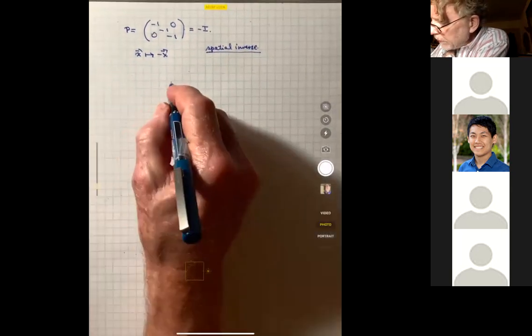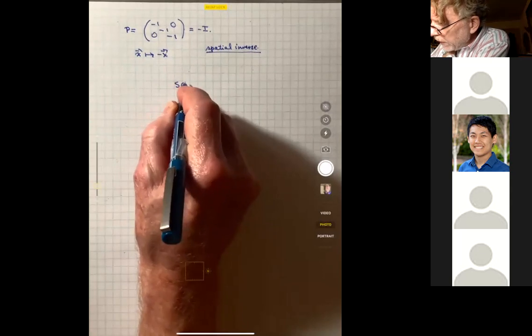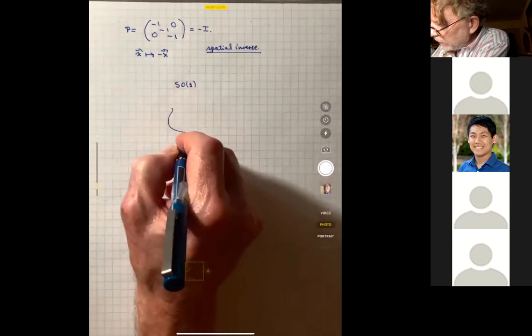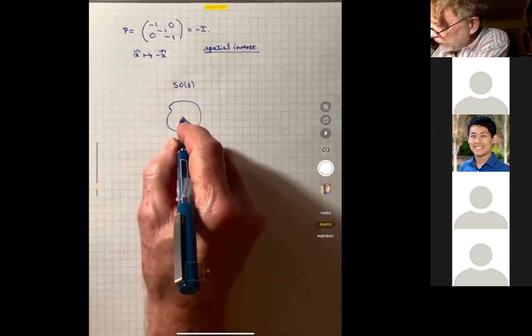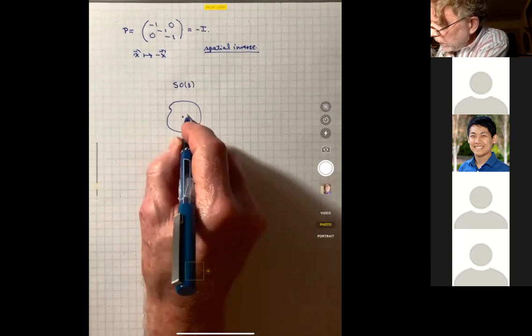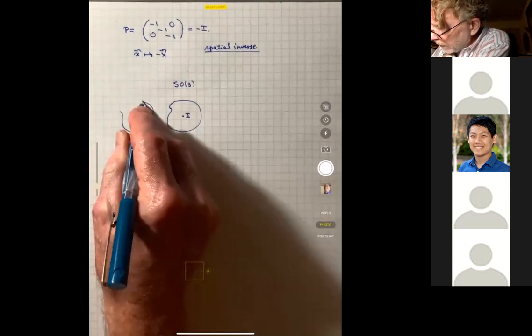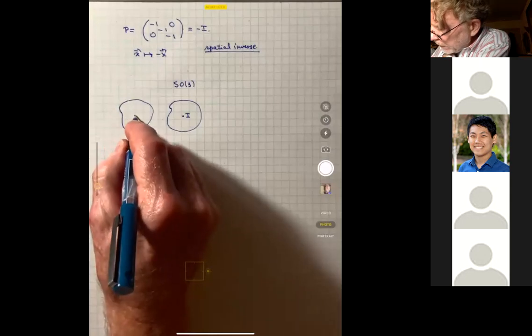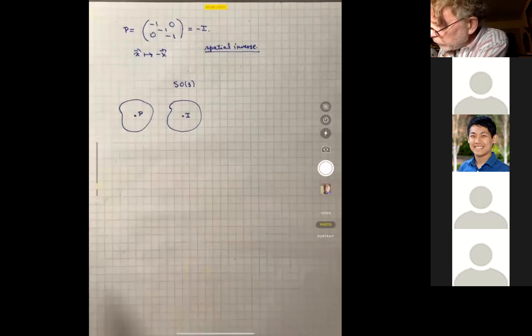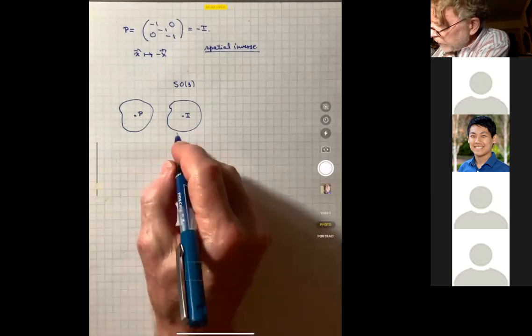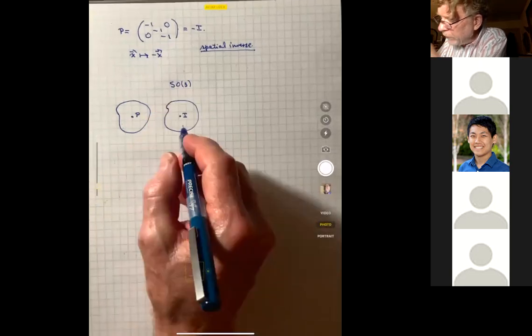Now, we've been talking about the proper rotation group SO3. We can think of this as a set of points. I'll draw it as a blob here, and somewhere in here is the identity. If we include the improper rotations, there's another blob containing improper rotations, and somewhere in there is the matrix P. The set of proper rotations, as I just indicated, is SO3.